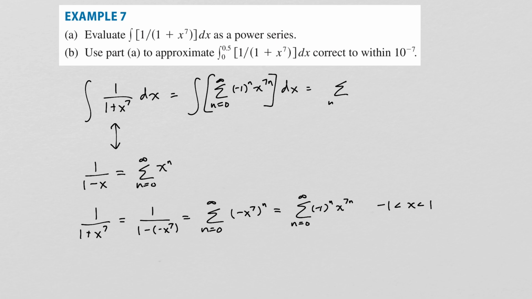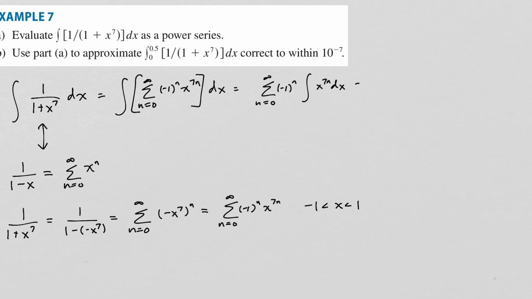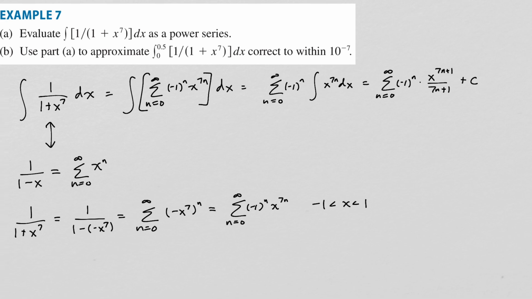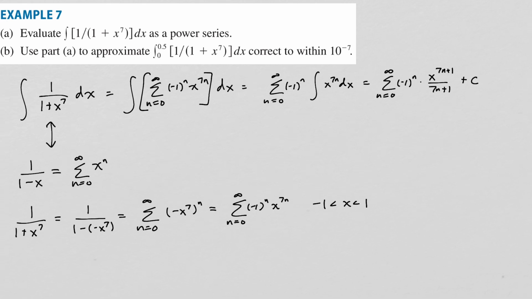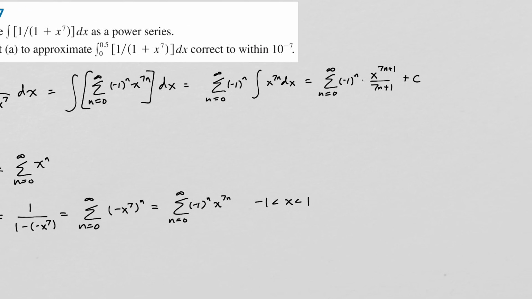And then we know that we can bring the integral inside of the sum and just take the antiderivative of x to the 7n. And this is going to give us the sum n equals 0 to infinity, -1 to the n times x to the 7n plus 1 divided by 7n plus 1 plus c. And this is the power series for the antiderivative.